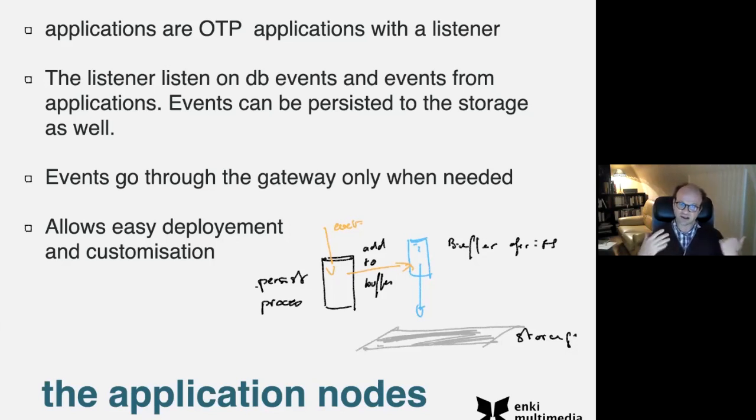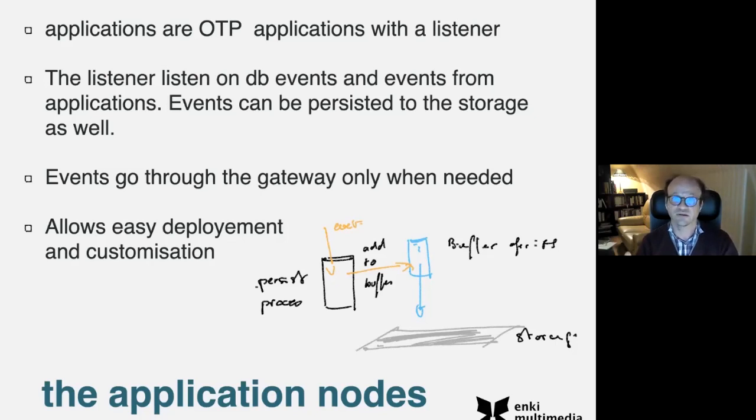Each application is an OTP application that is listening on events. So each OTP application comes with specific modules, or more than one module. That is a listener, whose only role is to listen on events provided by your application and by other applications, and also other parts like database nodes.